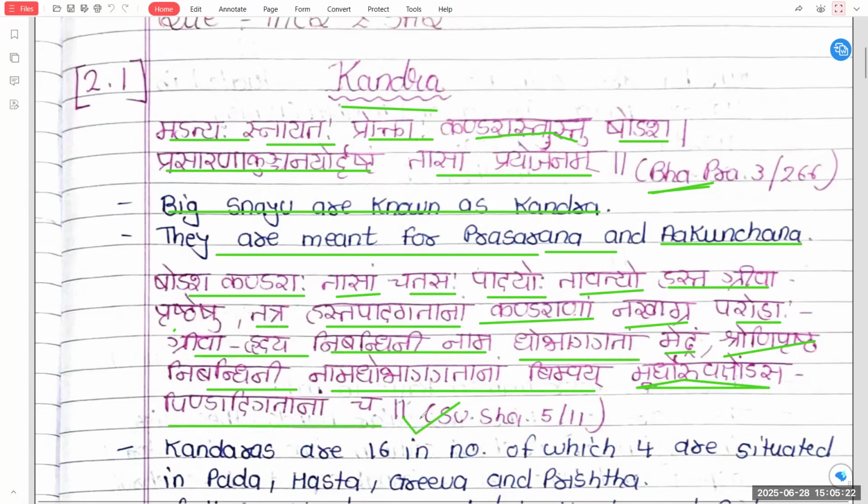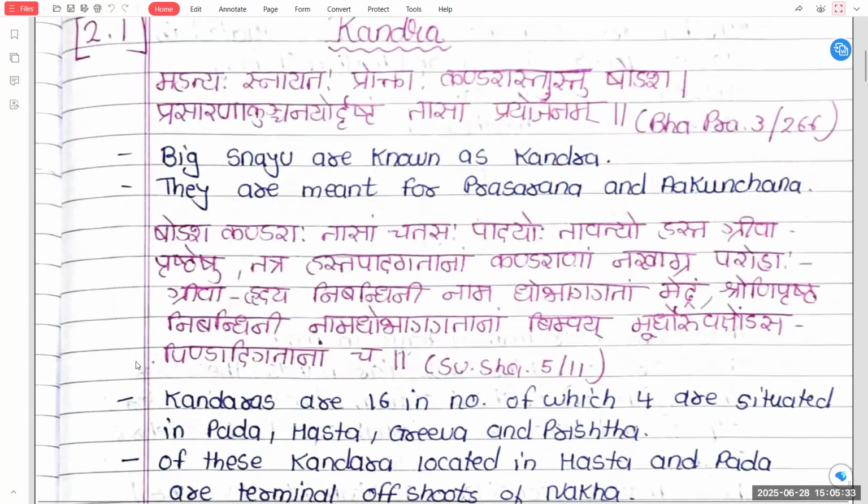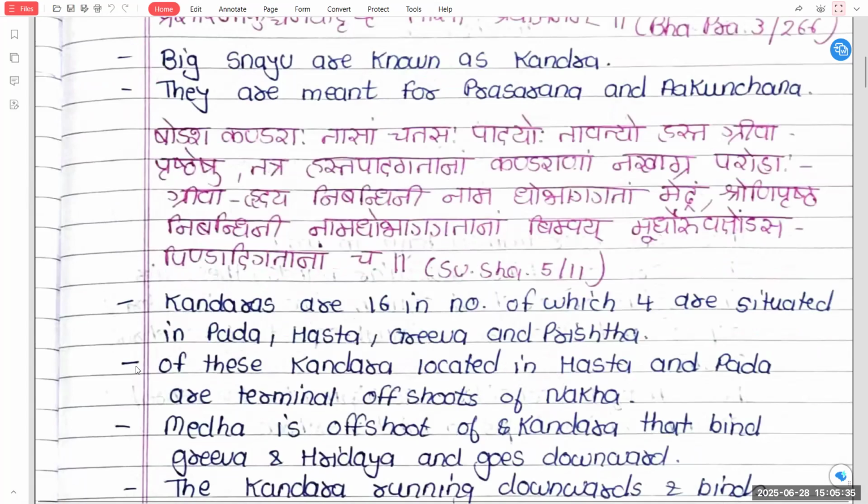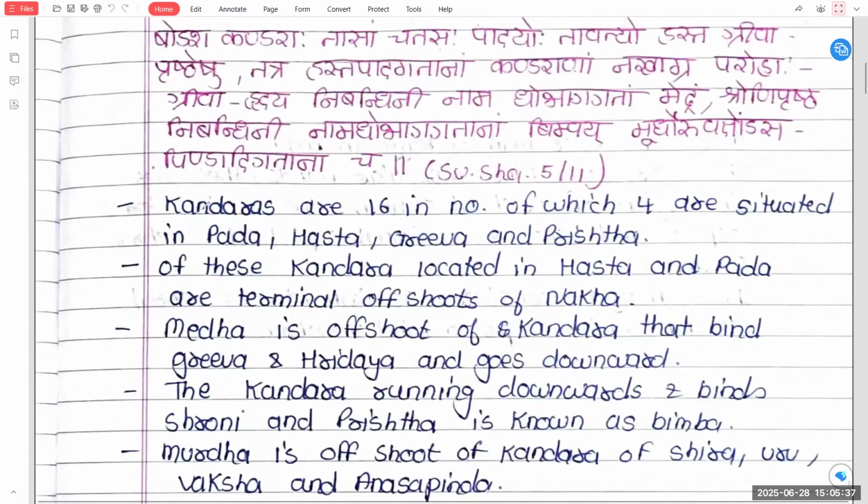This is an important reference because it is given by Acharya Shushruta, and as we know, in the Sharirsthan, Shushruta is Srisht. So let's see what Acharya Shushruta has said. Acharya Shushruta has said about Kandra that they are 16 in number, similar to what Bhav Prakash had said, out of which 4 are situated in the Pad, Hasta, Griva and Prishtha.